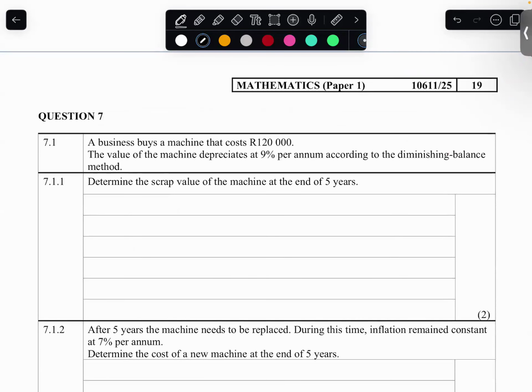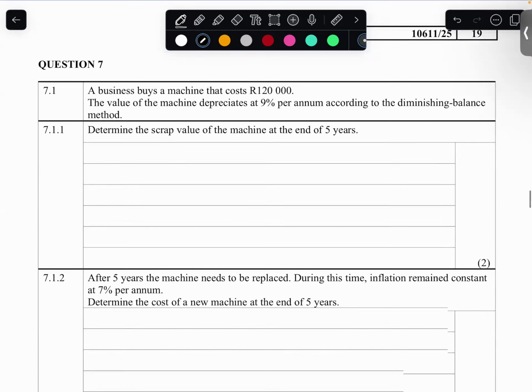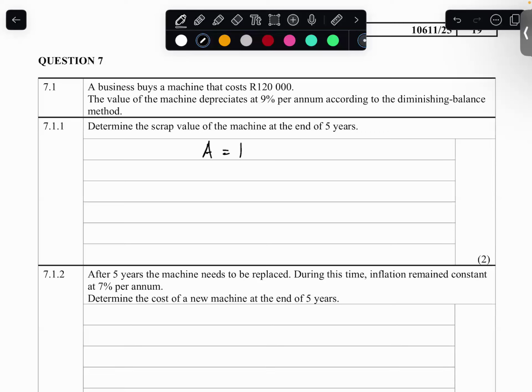Okay, next. A business buys a machine that costs 120,000 Rand. The value of the machine depreciates at 9% per annum according to the diminishing balance method, which is basically the reducing balance method, which is the to the power n formula. Determine the scrap value of the machine at the end of 5 years. You're going to use your normal A is equal to P into 1 minus i to the power n because of diminishing balance.